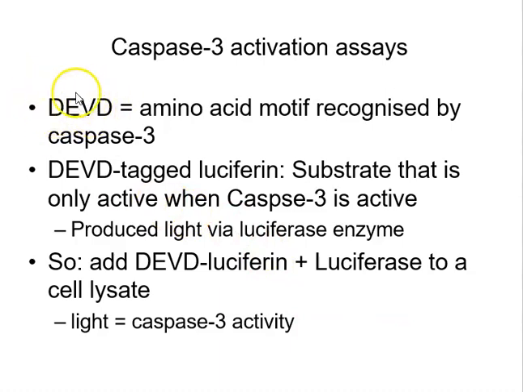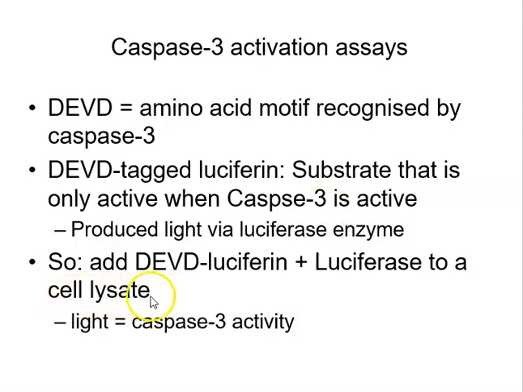Obviously V is valine and E is glutamic acid. That sequence is cleaved by caspase 3. So you can have DEVD-tagged luciferin, and luciferin is a substrate for luciferase, and when luciferin and luciferase come together, that gives out a photon of light, so light is related to caspase 3 activity.